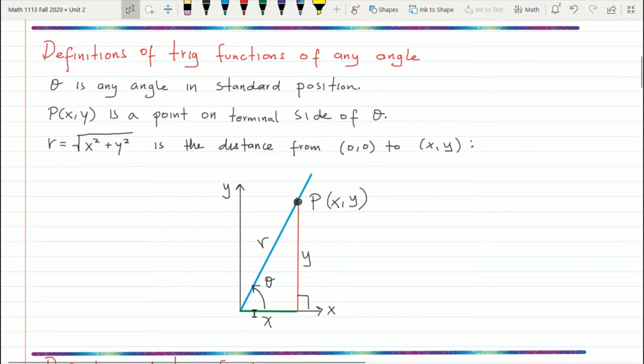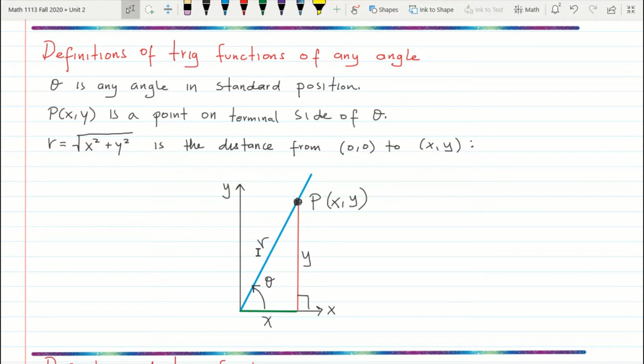In this figure, we show all the different components we need to be aware of. Here's my x and y axis. Here's my initial side, and the terminal side is this blue line, and it just opened in standard position, counterclockwise, creating an angle theta. So here's x, here's y, and here's r. Those are all the different lengths.